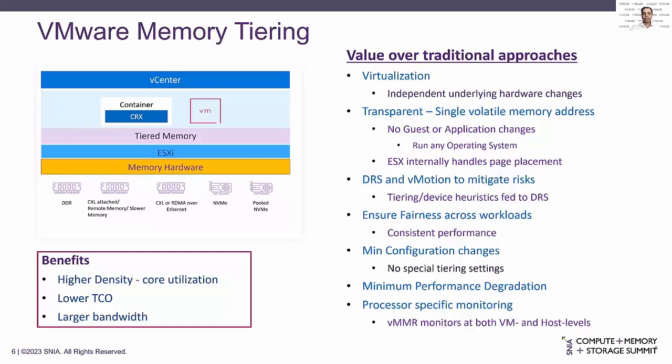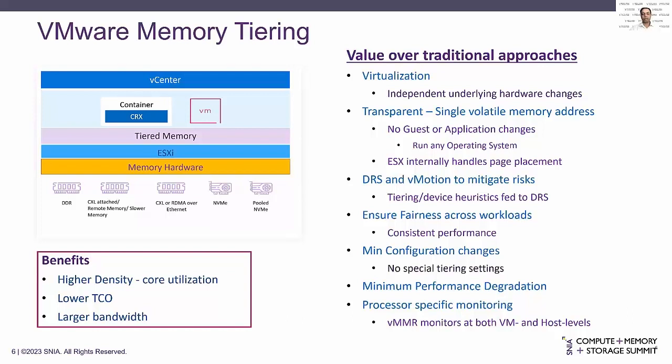Our other philosophy is to ensure that minimum hardware or configuration changes are required. So anything that we build in terms of newer protocols or newer software changes, they should be available without configuration changes. We also are trying to make sure that performance is a big thing. We take into account any performance degradation and ensure that we uniformly support different types of workloads running on top of the hypervisor.